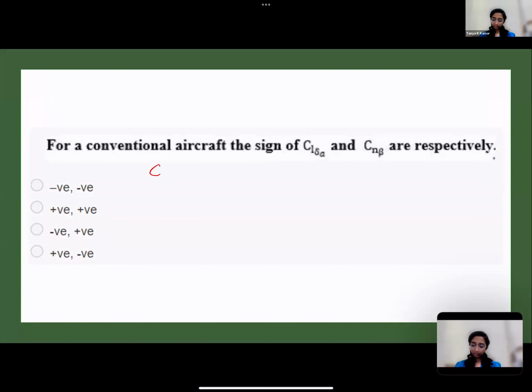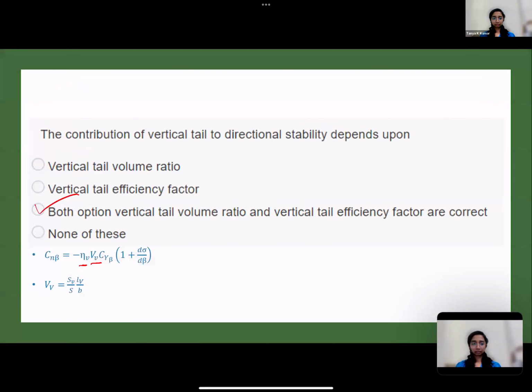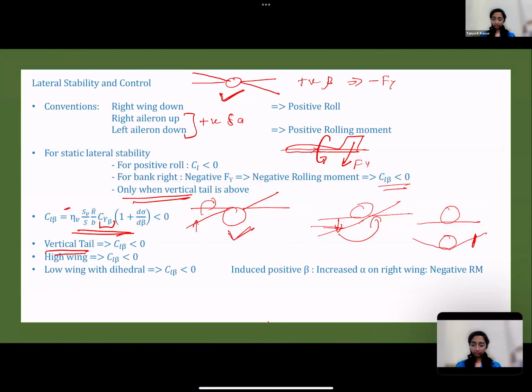CL delta A, let's start with CL delta A, is dCl by d delta A. Now, what was positive delta A? I had marked this as positive delta A, right aileron up, left aileron down, right?